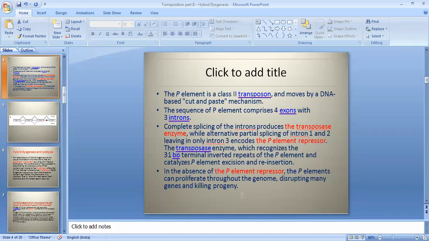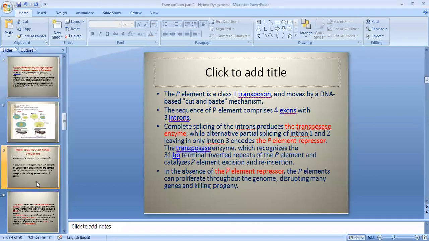So after that, when this gamete fertilizes the ovum, the cross occurs between parents having different cytotypes, and then this phenomenon occurs.